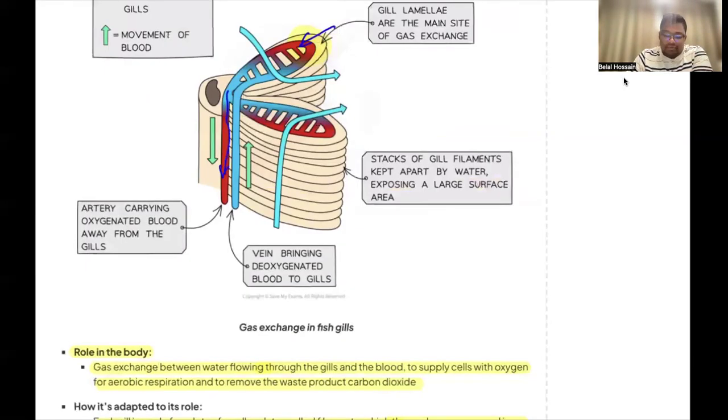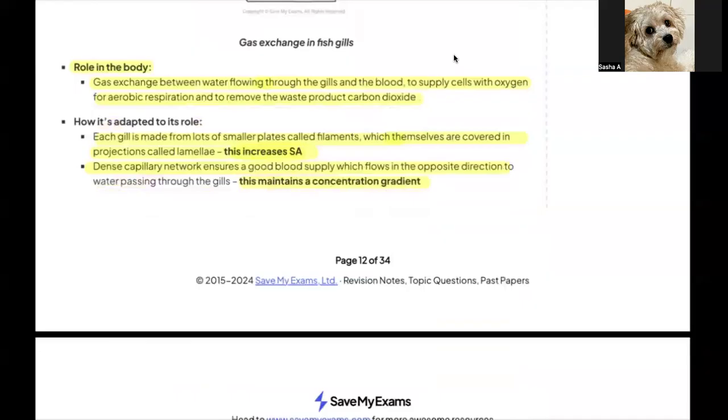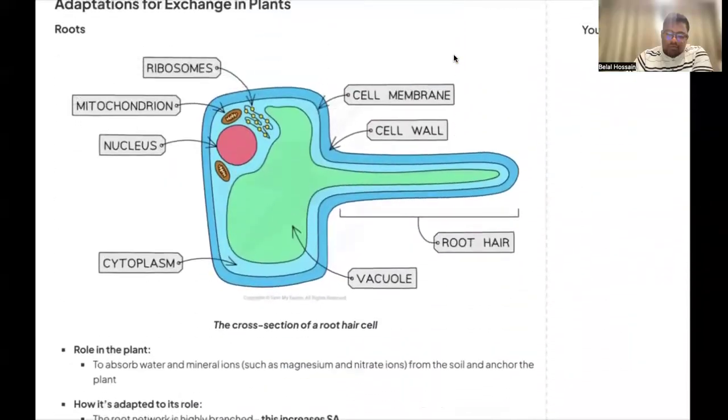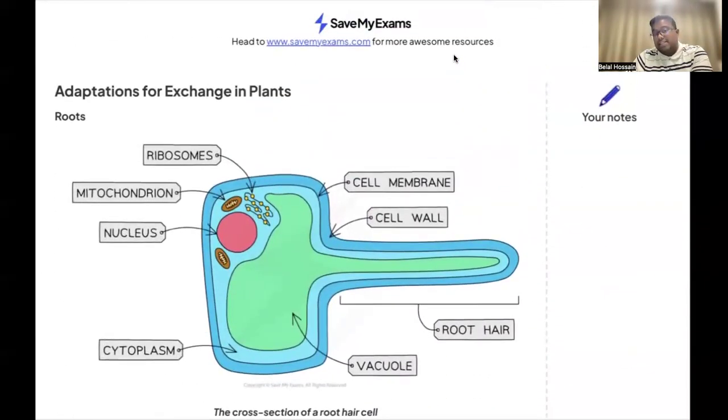By the way, in fish, oxygenated blood and deoxygenated blood can mix. In mammals it doesn't mix. Understand?